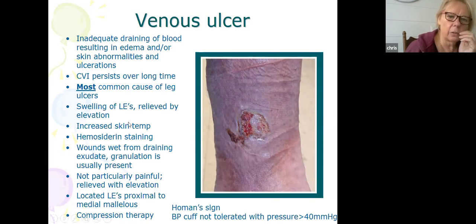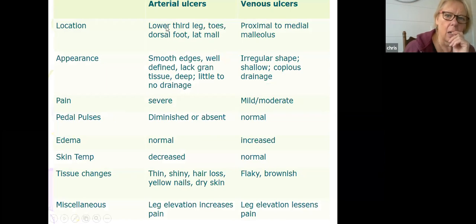So with any kind of ulcers, really, you want to make sure the blood flow is adequate, and especially with a venous ulcer, you want to make sure they don't have a DVT.